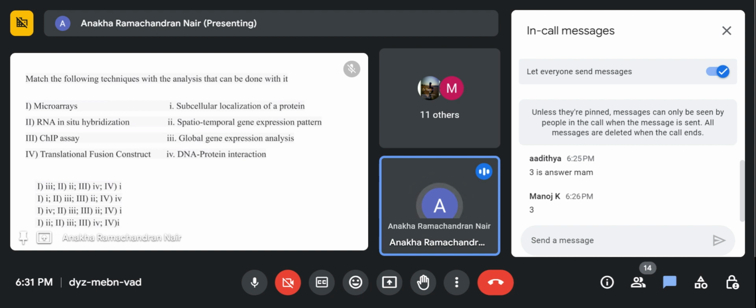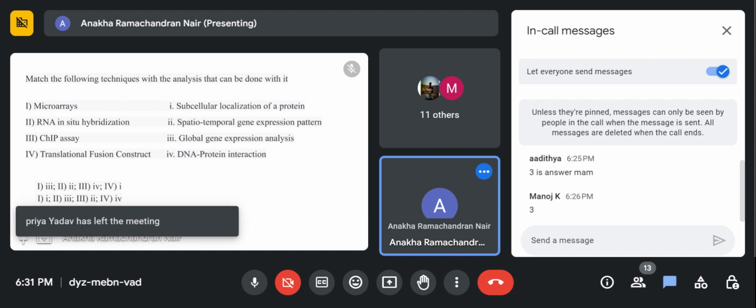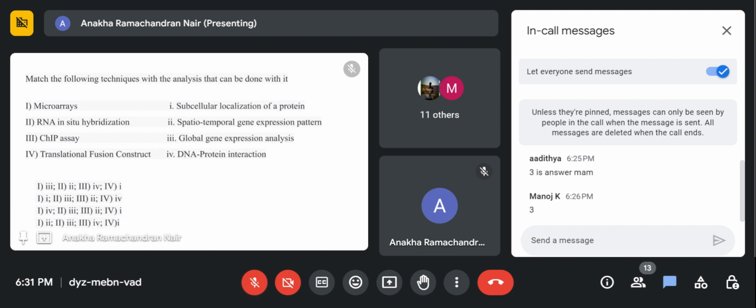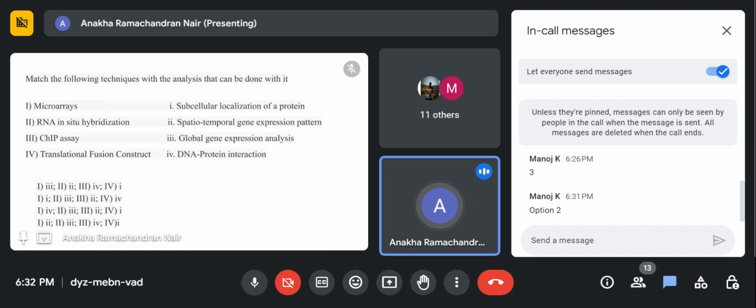And just write down whatever you think the answer is in the chat. All right. So does anyone think it's something else apart from option 2?